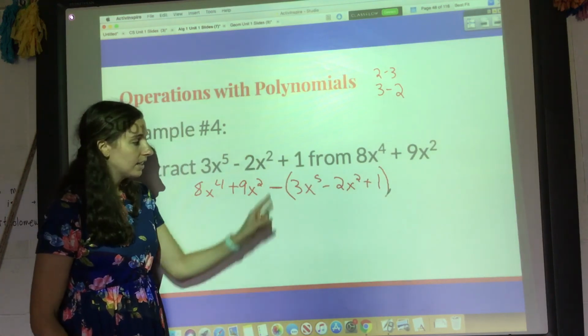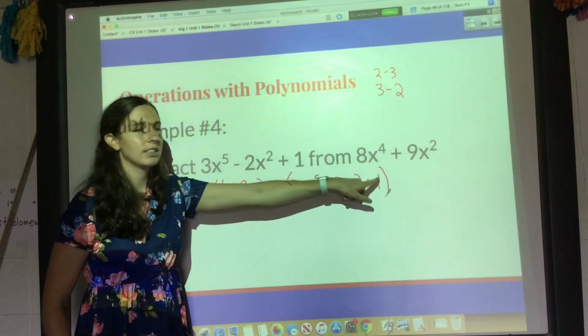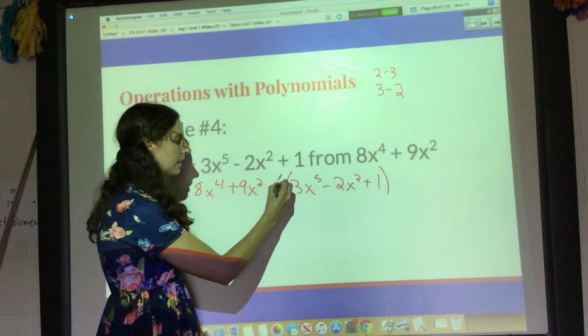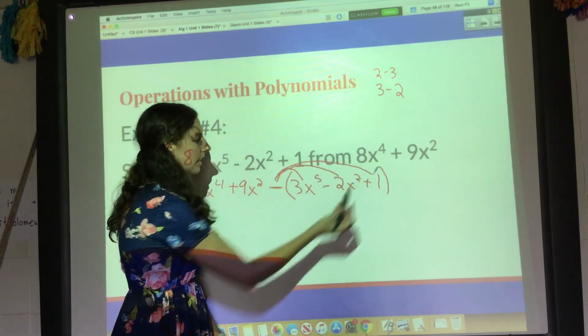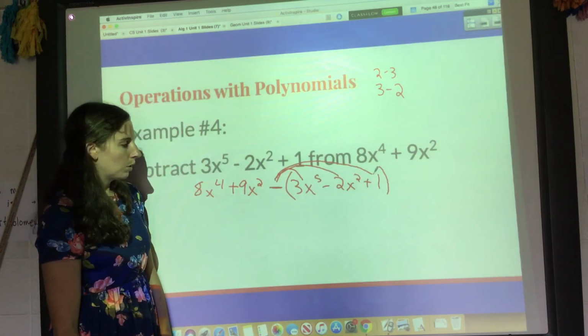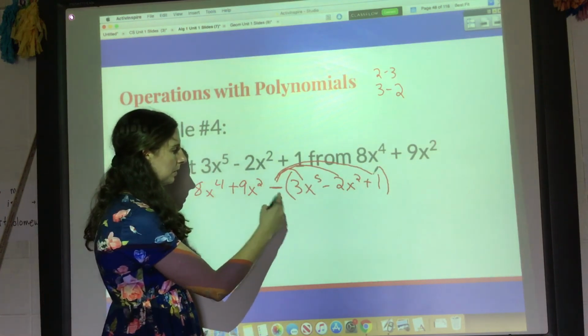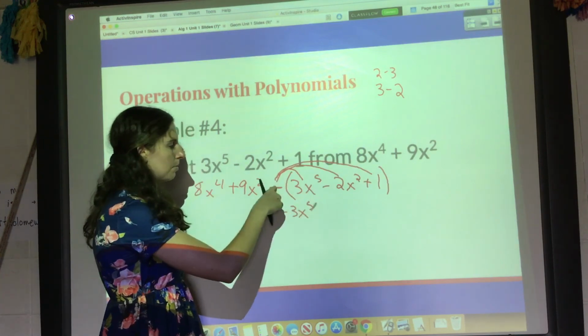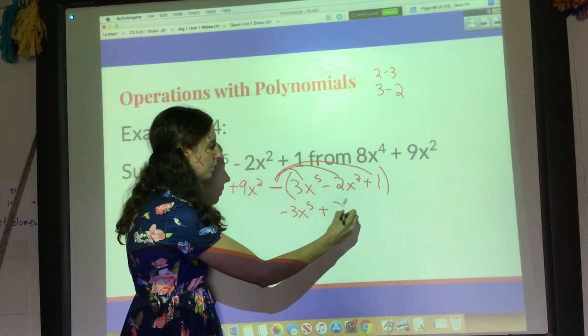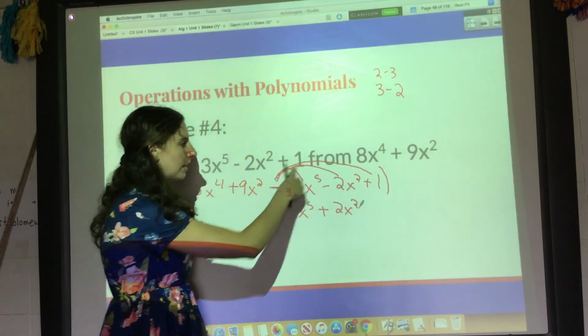And again, I need to distribute that negative to every single one of those. I'm subtracting the 3x to the 5th, I'm subtracting this, and I'm subtracting this. Which basically becomes minus 3x to the 5th. Minus minus makes a positive 2x squared, and -1.